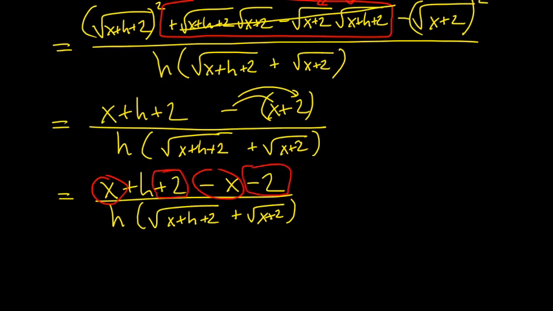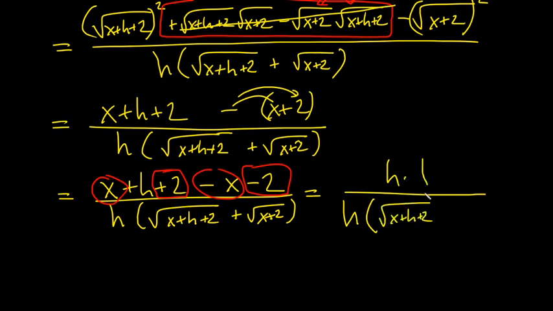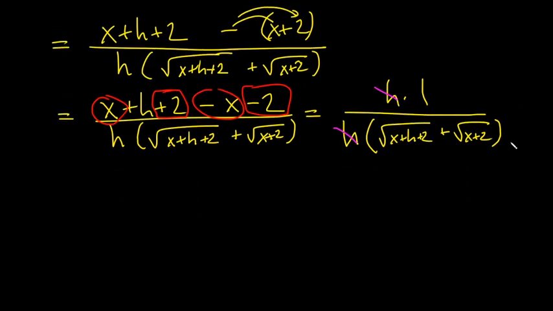So the only thing left in the numerator is just this h. And notice that there's a factor of h in the denominator. And so the two just cancel. h divided by h is equal to 1. So the numerator is just 1.